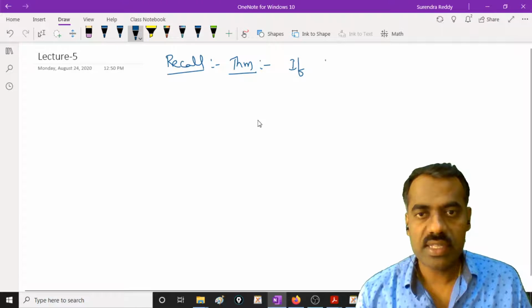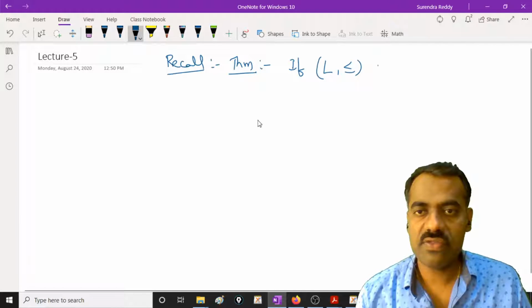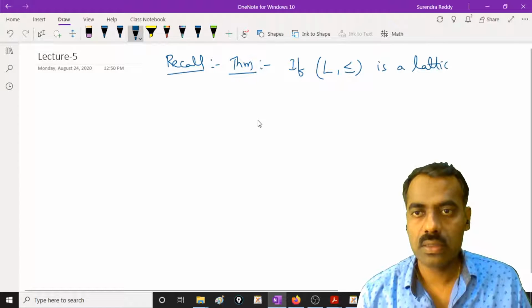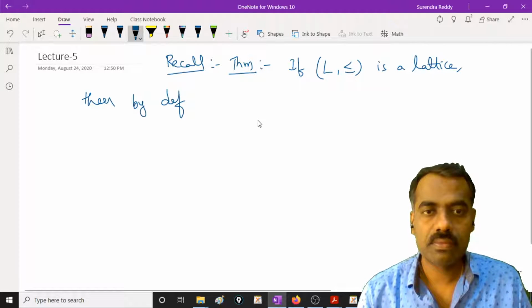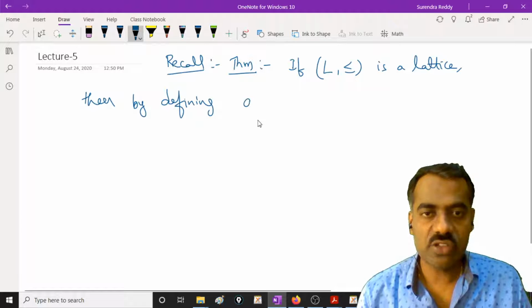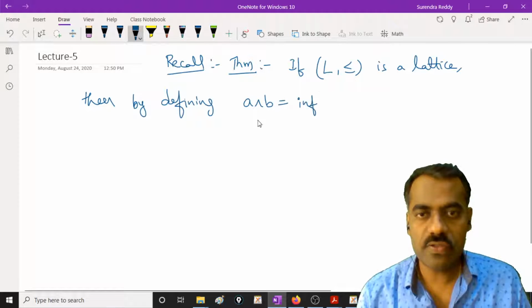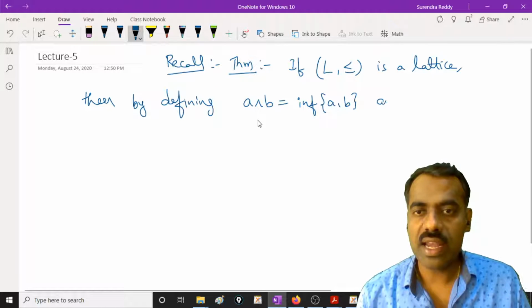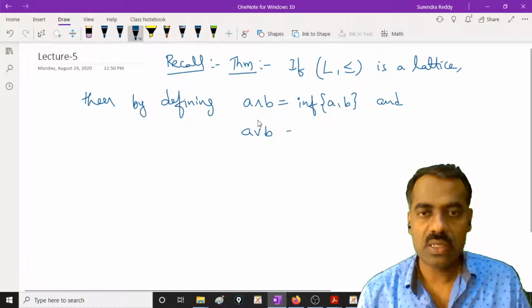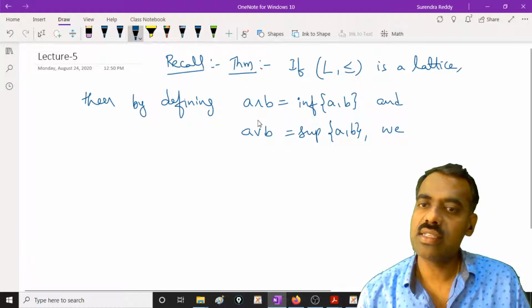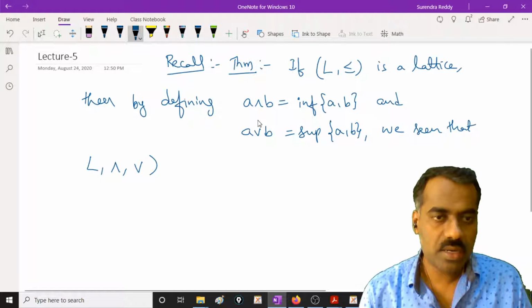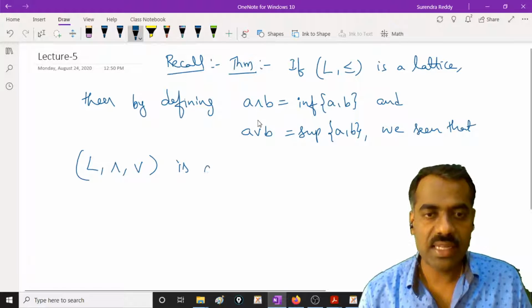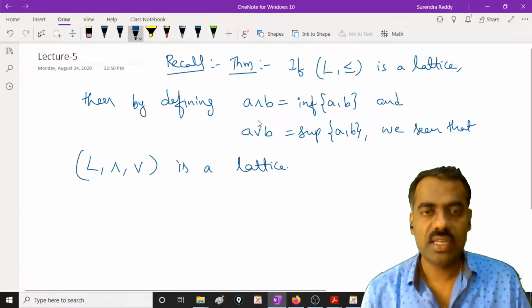If L with this relation is a lattice, then by defining meet and join, where A meet B is the infimum of A, B, and A join B is the supremum of A, B, this algebra L together with meet and join is also a lattice. This we have seen last class.